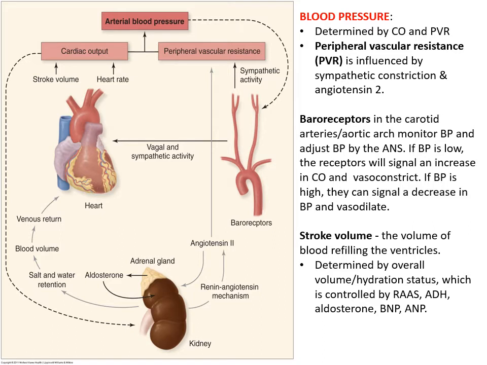What else is going to happen? There's going to be sympathetic activity sent to the heart to say the blood pressure is low. I want you to increase heart rate, and I want you to increase contractility of the heart to try and get this blood pressure back up. Okay, what else is going to happen?